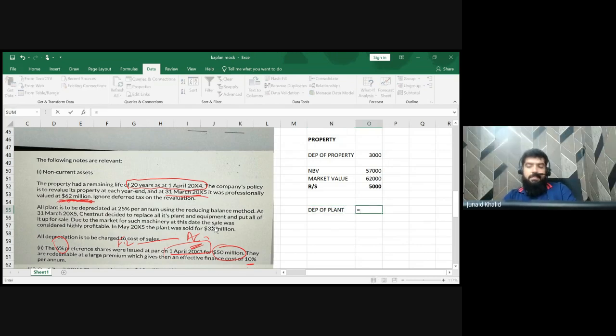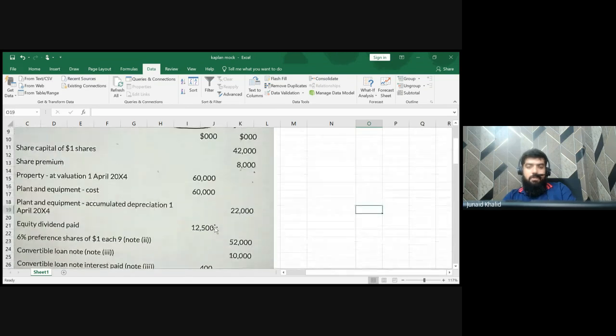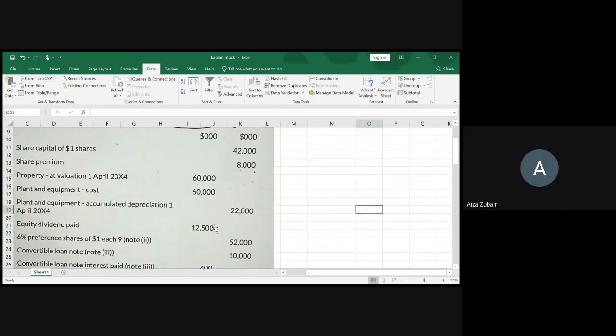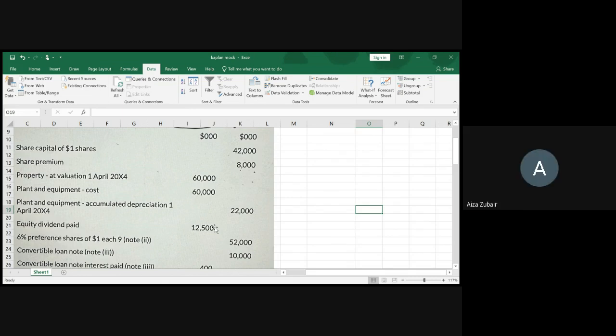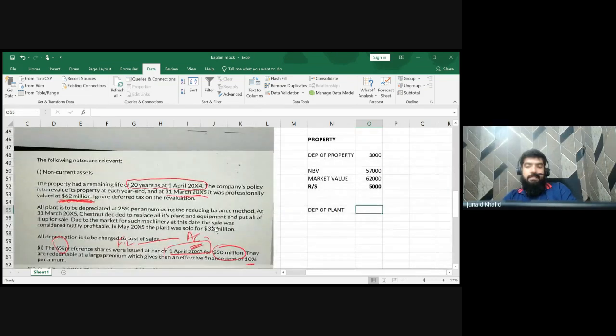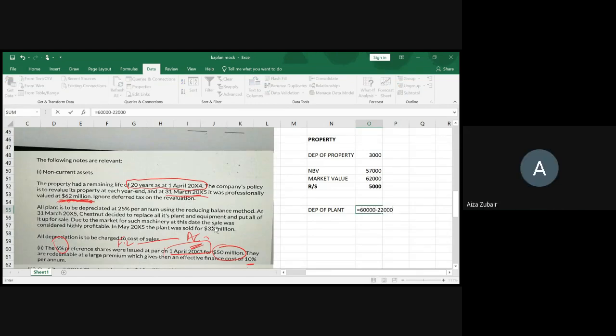Now let's see the cost of the plant. The plant cost is 60,000, and we need to deduct what? 22,000 accumulated depreciation. Why are we deducting that 22,000? Because it's the accumulated depreciation for the year.